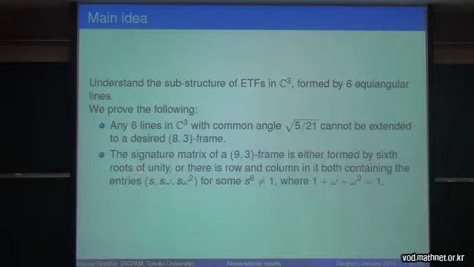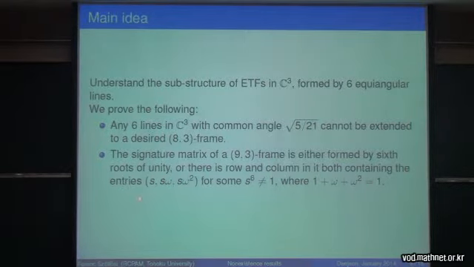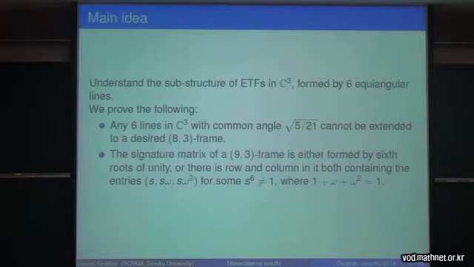Or if not, if there is an entry which is not a 6th root of unity, then actually there are 3 which form a vanishing sum of order 3. That is, if you have 1 non-cubic element, then you have 3 which sum up to 0. Okay? So these structural results of relatively small subconfigurations lead to existence and non-existence.